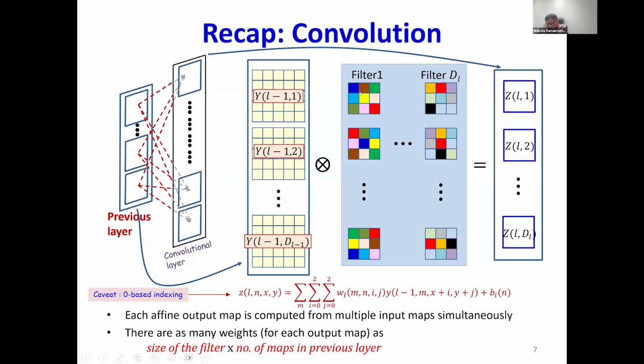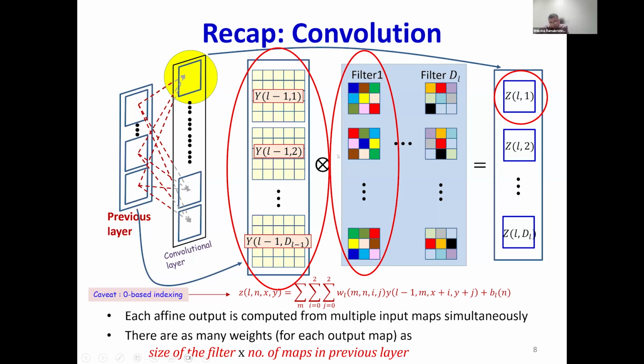And so you have as many filters as the number of output maps or output channels you're trying to compute. Each filter has as many channels as the number of input channels, one filter channel per input channel. And so the total number of parameters in any filter is going to be the size of the filter, 3 cross 3 over here, times the number of maps or channels in the previous layer.